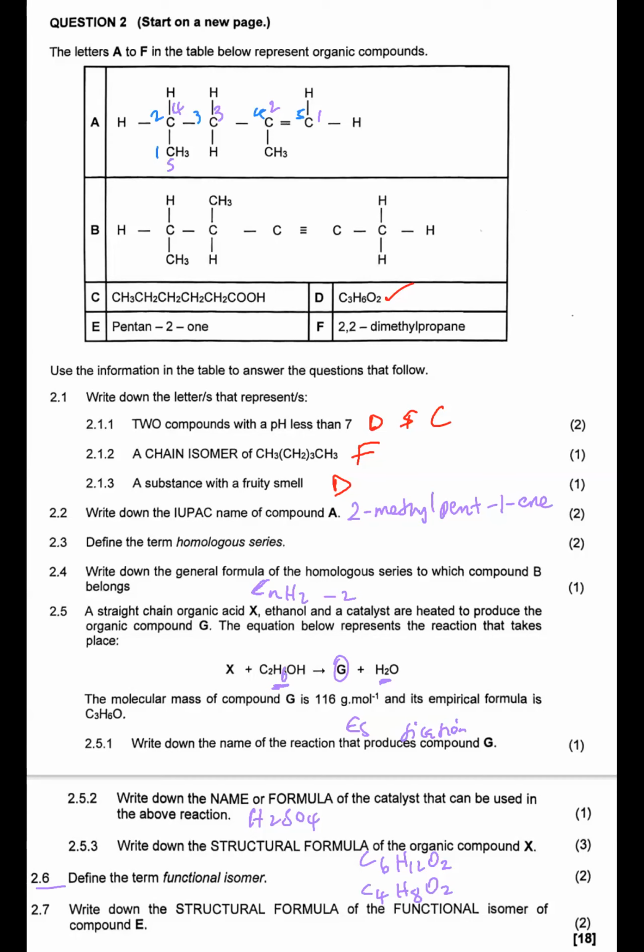Then we're going to have what? Pentanal, yeah. Pentanal.